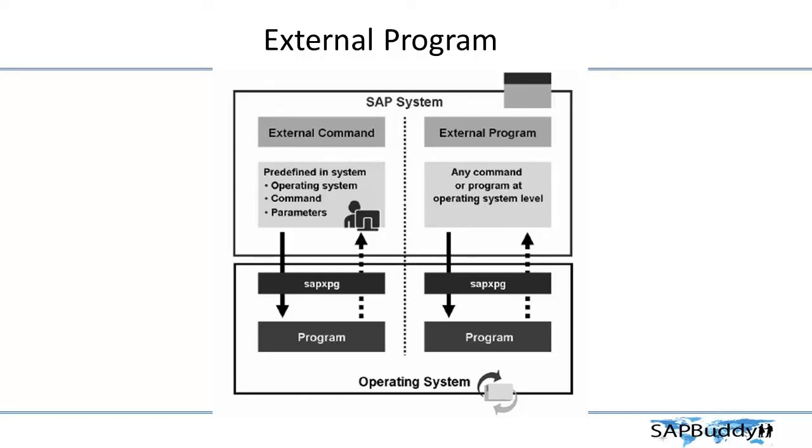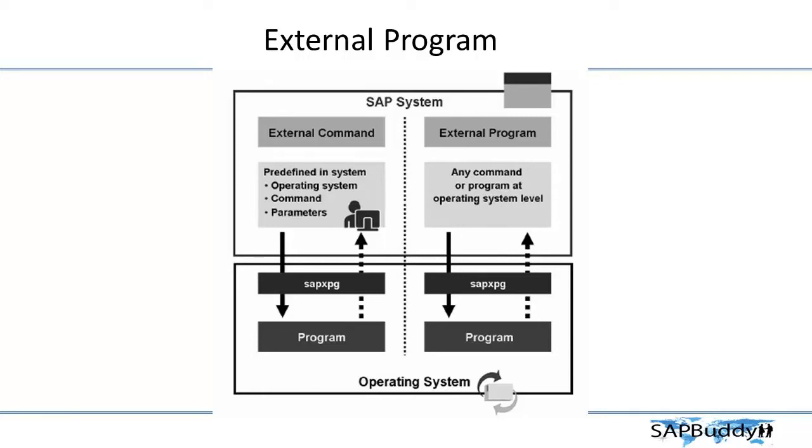So you may think, how do I use these commands? Generally we use these commands in some kind of interface or inside a program to get some information, or to write or execute some command in the operating system. So let's say you want to execute some command in the operating system, then you can create this command in SAP. Then that particular command can be called from an ABAP program. Okay, that is the use of these commands.